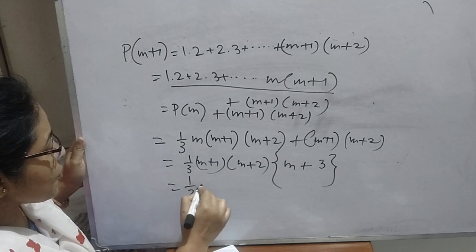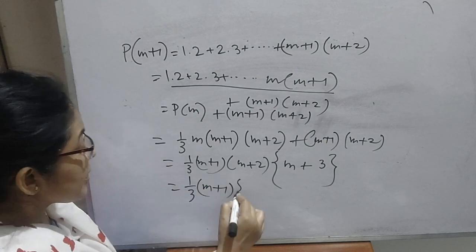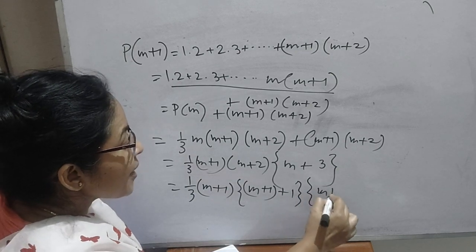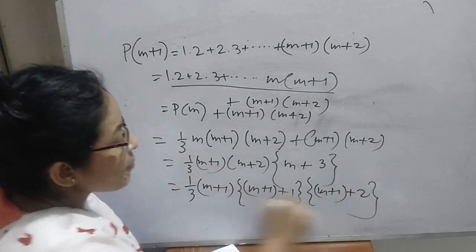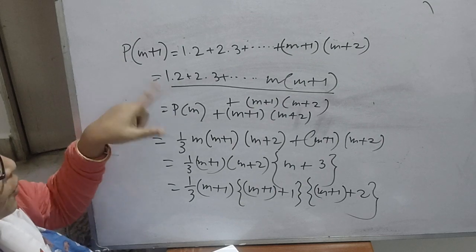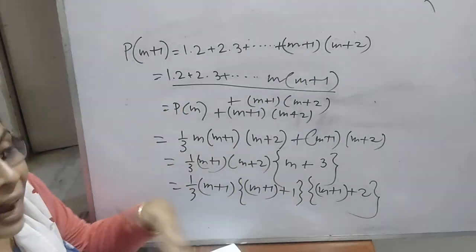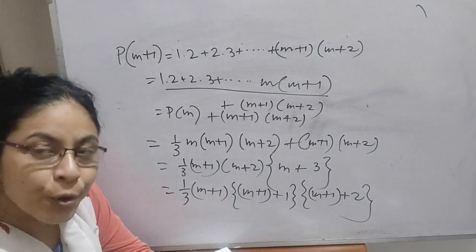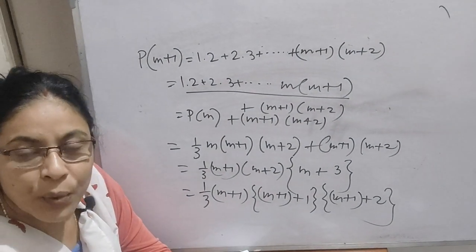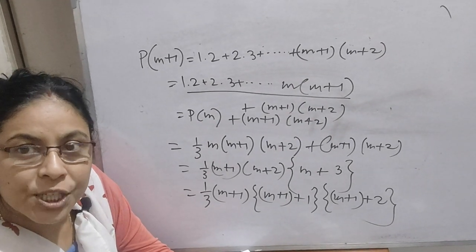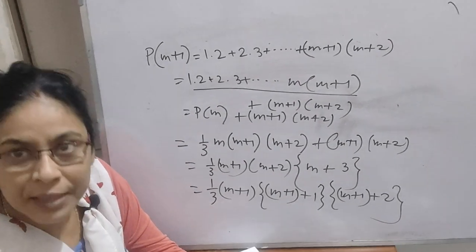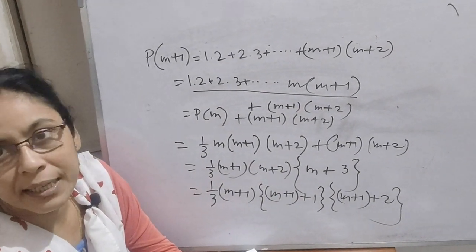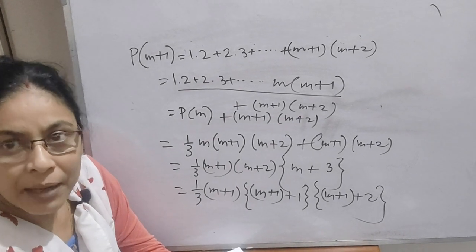So this equal to (m plus 1), this equal to (m plus 1) plus 1, and this equal to (m plus 1) plus 2. That means we need to prove Pm plus 1 equal to this, and hence proved. So I can write Pm plus 1 is true when n equal to m plus 1. So by mathematical induction, it can be easily proved that Pn is true for all n belongs to capital N. I am ending here.